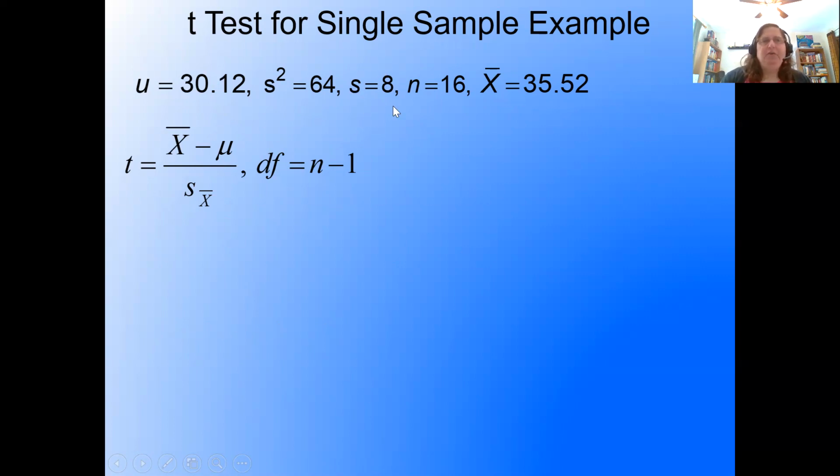So how did I get s equals 8? If you're thinking I simply took the square root of 64, because s squared is 64, so s would be the square root of 64 or 8, you're absolutely right. That is how I got s equals 8.